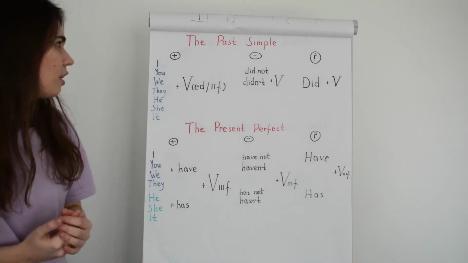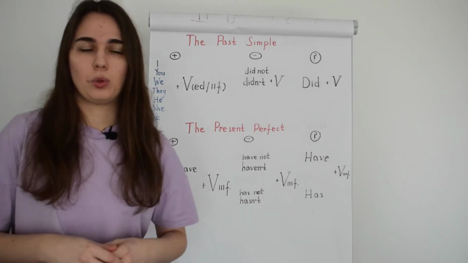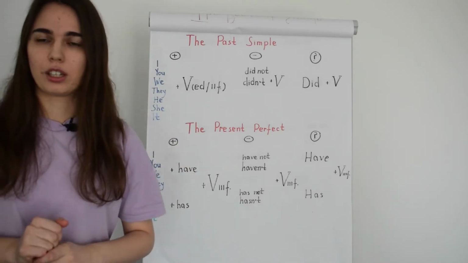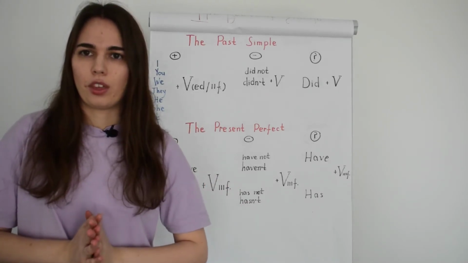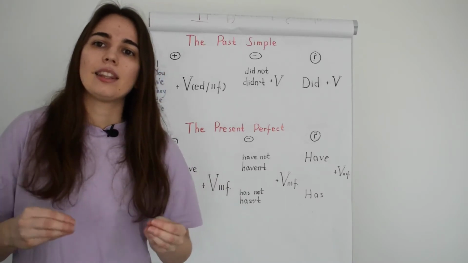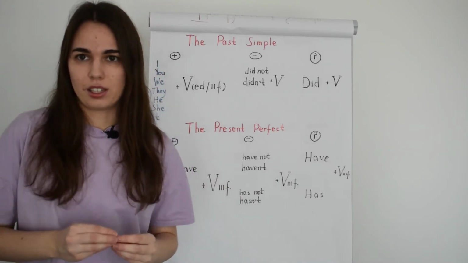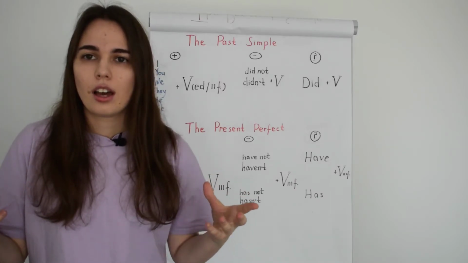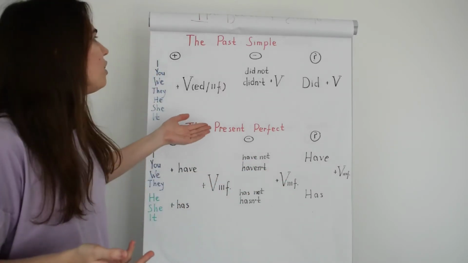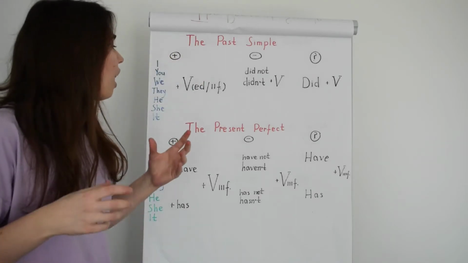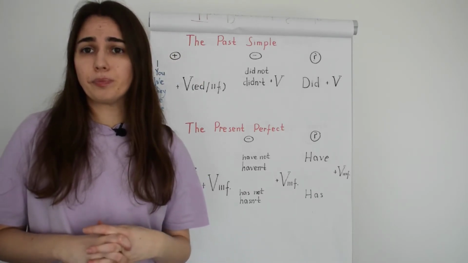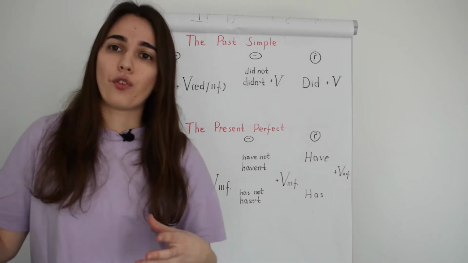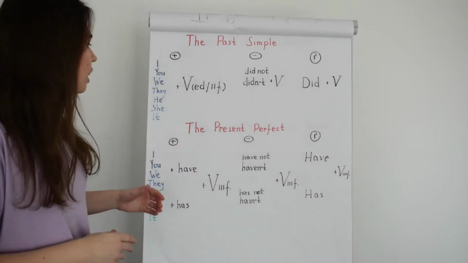And again, let's review the difference between the past simple and the present perfect. When we talk about what happened at a specific time in the past, 2 minutes ago, 2 days ago, 5 years ago, we need to use the past simple. For example, I was in Moscow 5 years ago.